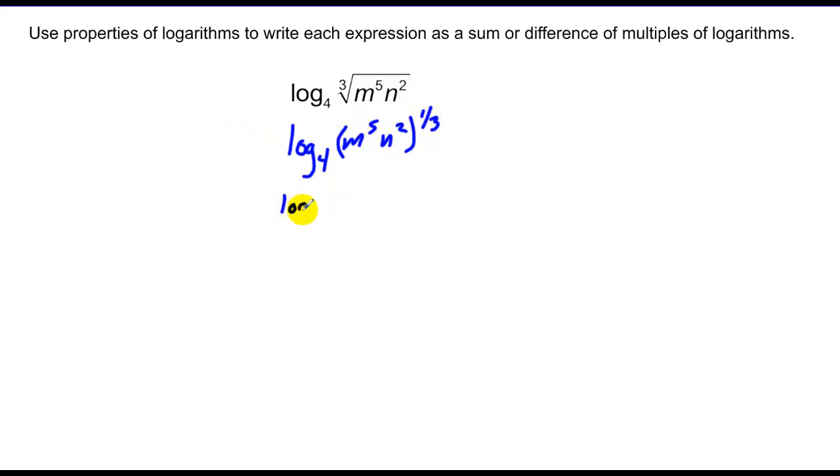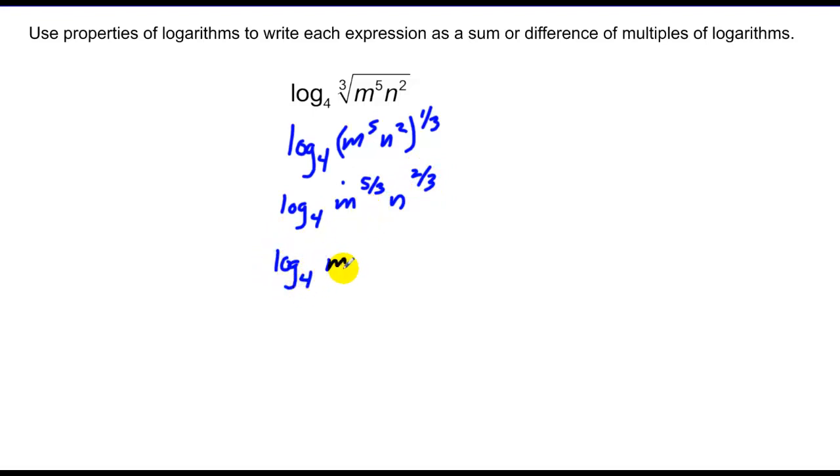So I have the log base 4 of m to the 5/3 n to the 2/3. And then you'll notice I have this multiplication here, which I can split apart into an addition.